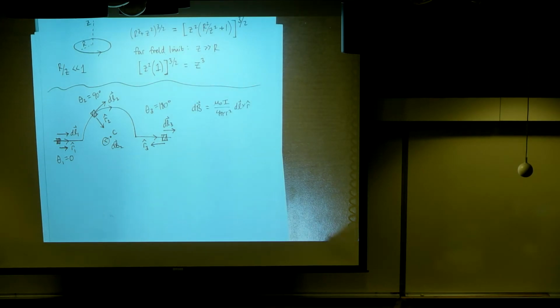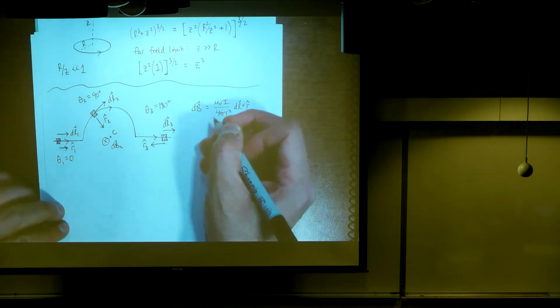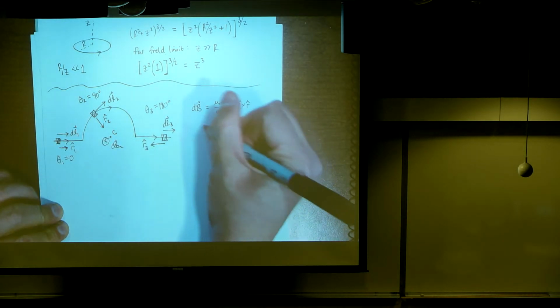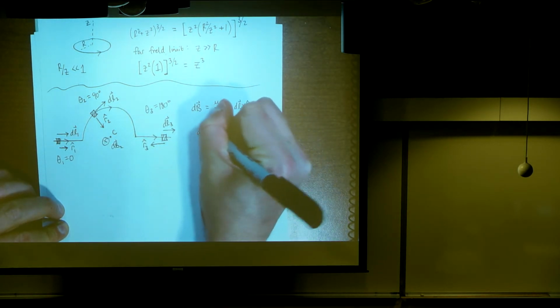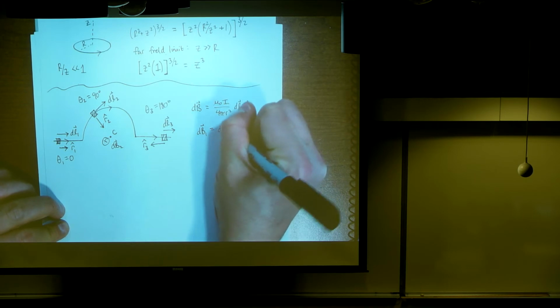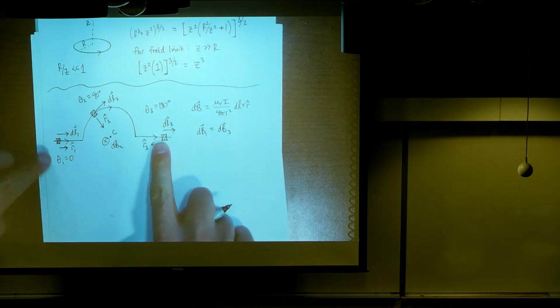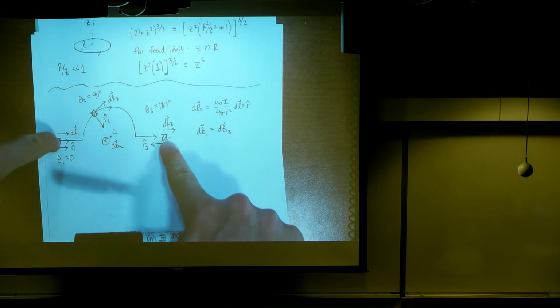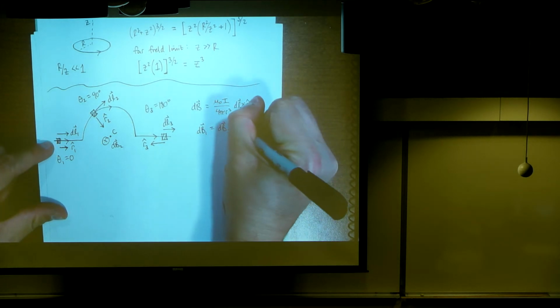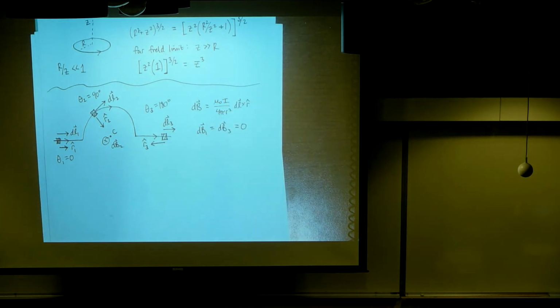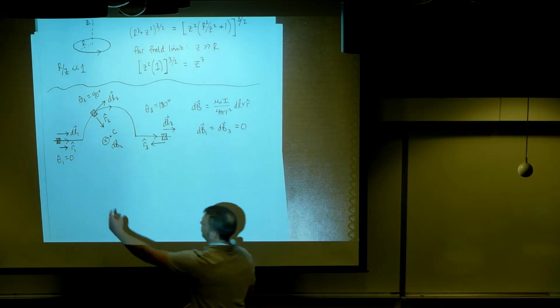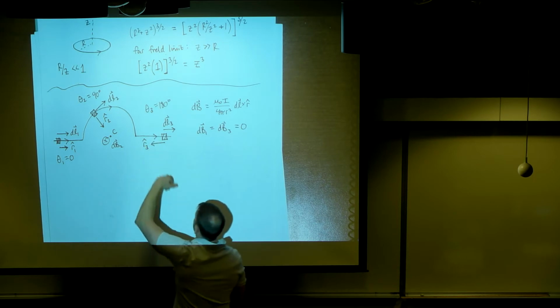Okay, so let's note that dB1 and dB3, the magnetic field contributed by these two straight segments of wire, are both 0 due to the fact that we're trying to cross two vectors that are parallel with each other in this case and anti-parallel in this case.